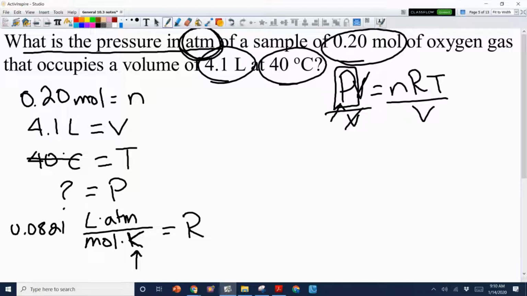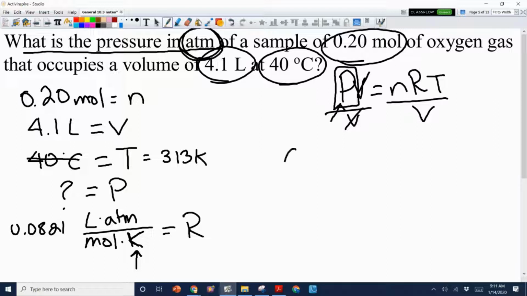Right there is K, so that reminds you that the ideal gas constant has to match the units that are in the problem. So in order to change 40 degrees Celsius into Kelvin, we have to add 273 to that. So we're going to get 313 Kelvin.